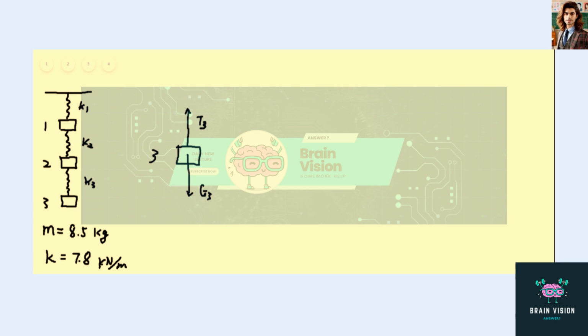And now we look at mass number 2. Again, the easy part is the gravity. We have the gravity for mass number 2, but this time, aside from that, mass number 2 is attached by springs on both sides. So from below, we should have another tension or spring force, but this is exerted by spring number 3, so this force should be the same on both ends.